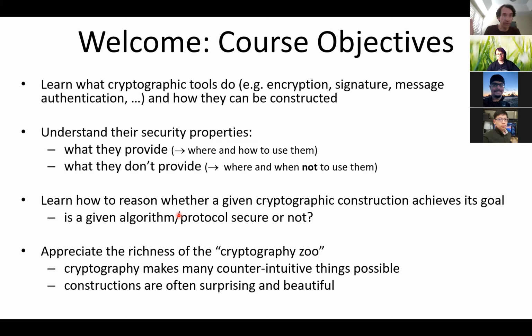Or does it always find the minimum path between two nodes, no matter what the graph is? Or does it always sort an array regardless of what the initial arrangement is? And then the second question: how fast? How fast in the worst case? How fast on average? You have different notions there.